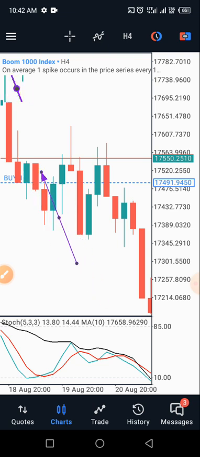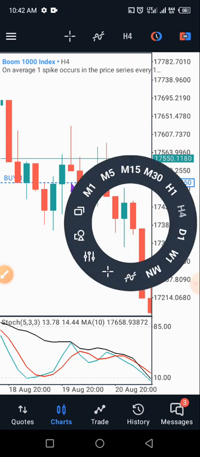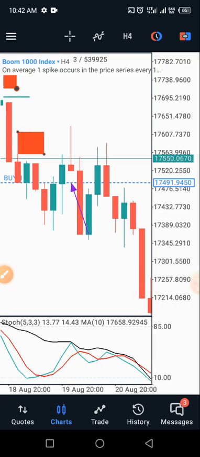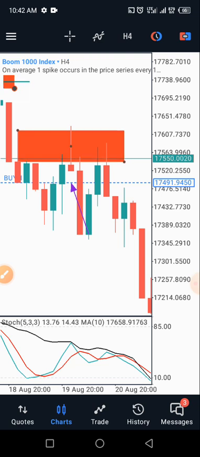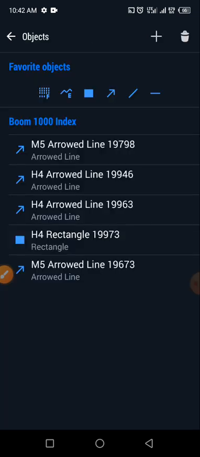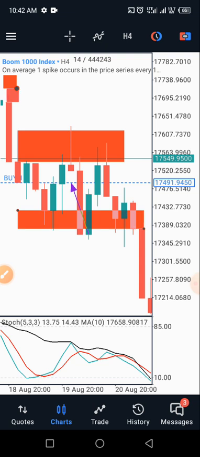Whenever we see this particular type of up and down movement, that suggests to us that we are in a range, so we can decide to draw our zone here, and then we can draw our zone also here. So we are able to spot this particular range here.